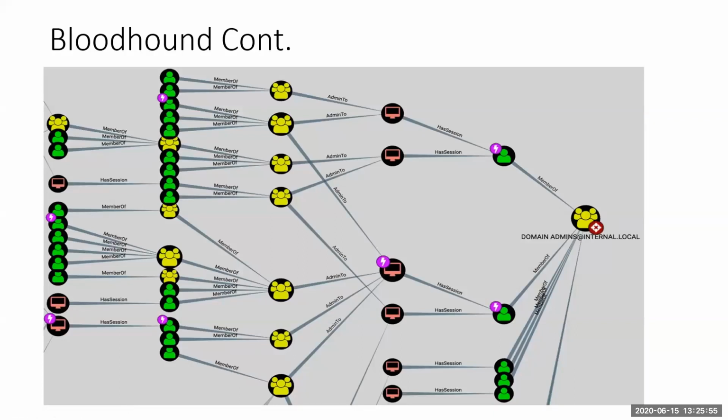So you can see if you compromise that host as a user on the left-hand side, then you would have access to the credentials of high-level users and domain admin. So this kind of lets you see where your exposures are. Very useful tool, both for attackers and defenders.